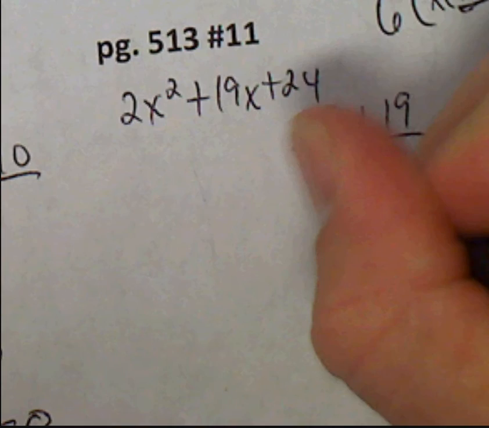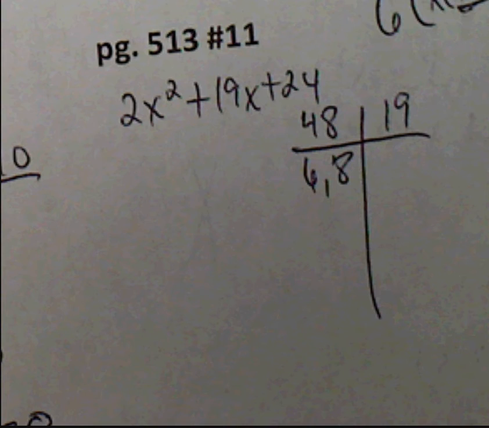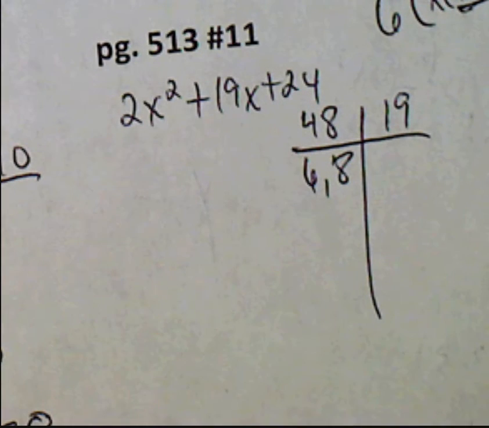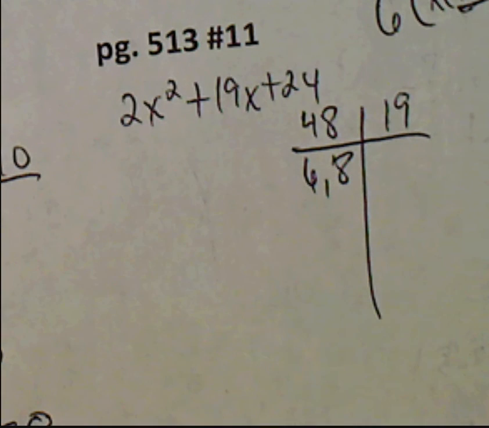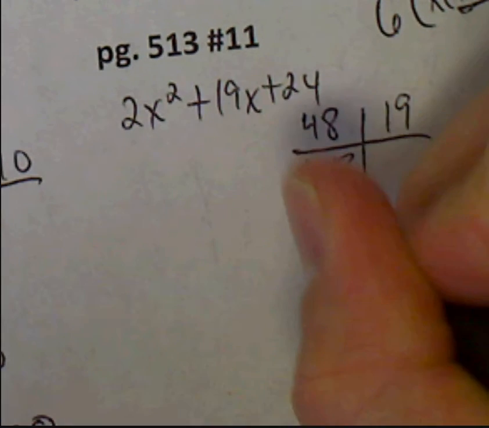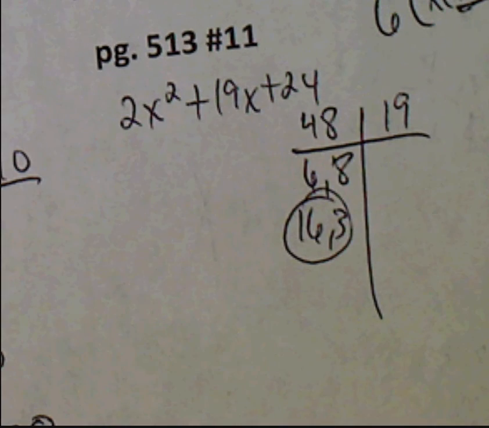I know 6 and 8, but 6 and 8 would be 14. What about, let me see, let me get a calculator. 48 divided by 3 gives me 16. So I have 16 and 3.